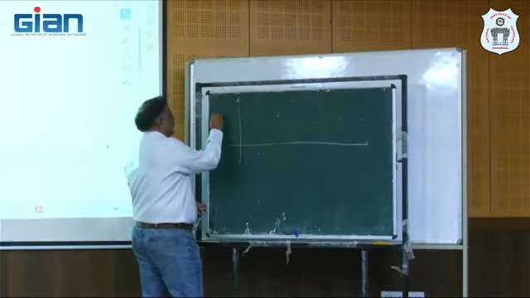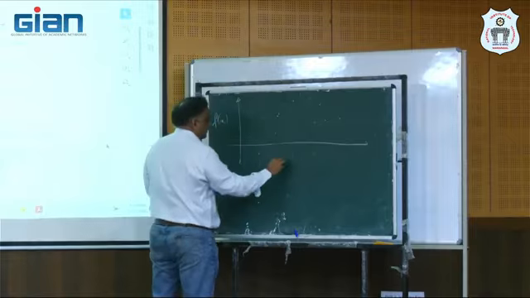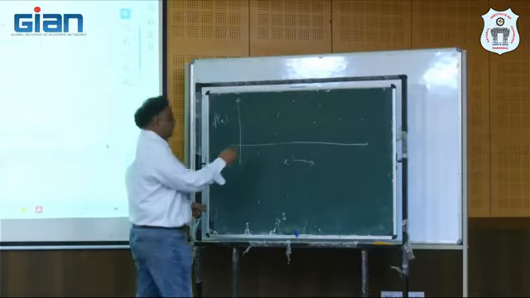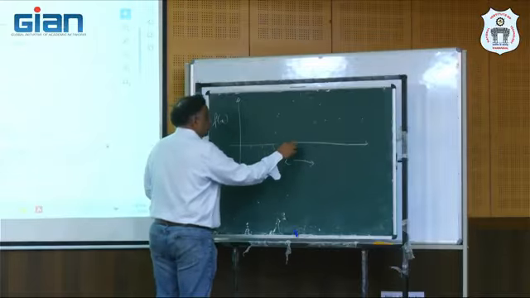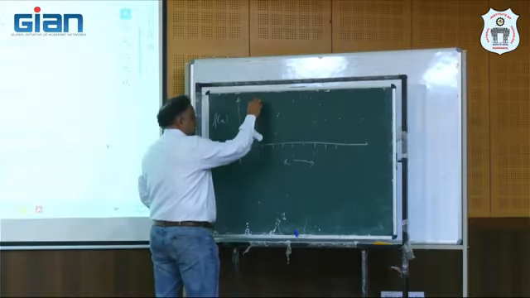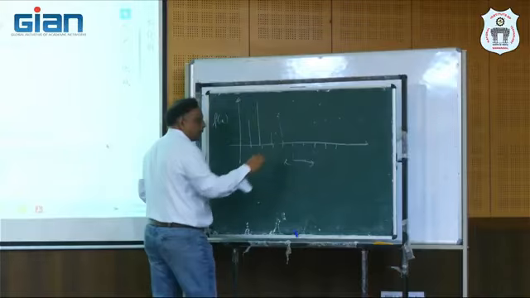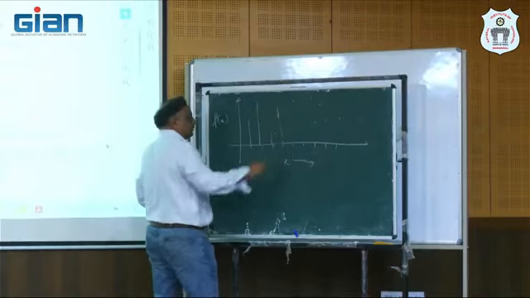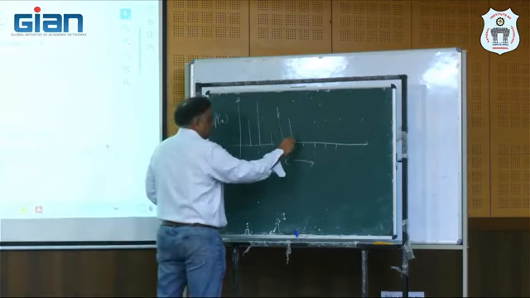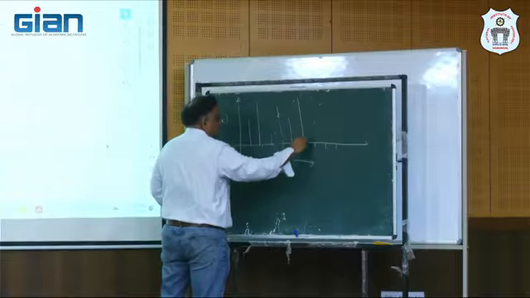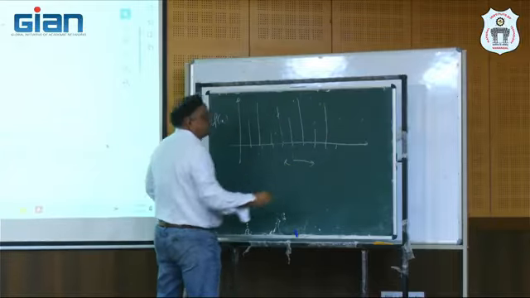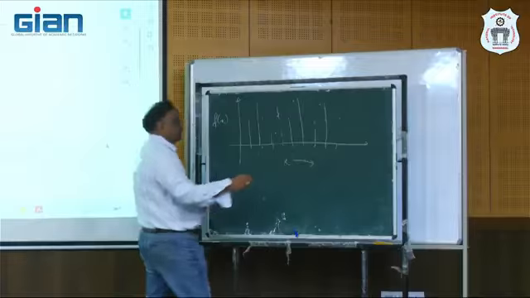Suppose we have f of x and x going like this. Suppose there are different values the function is taking. Then suppose it repeats. Then again it repeats.